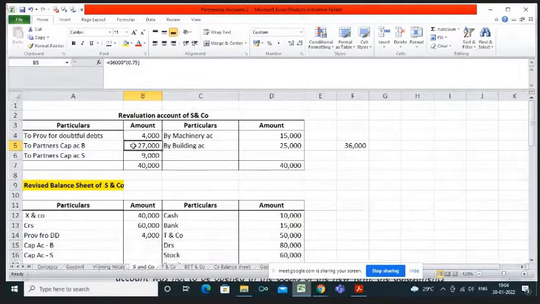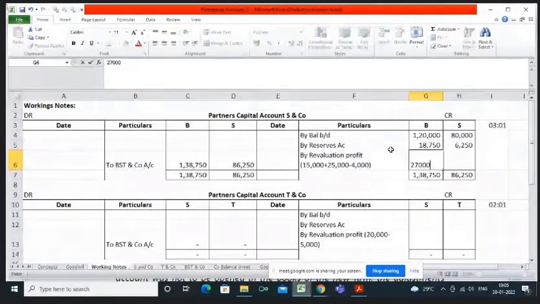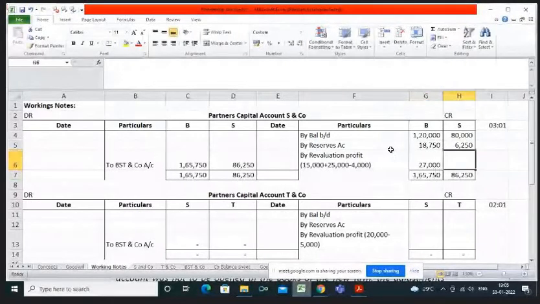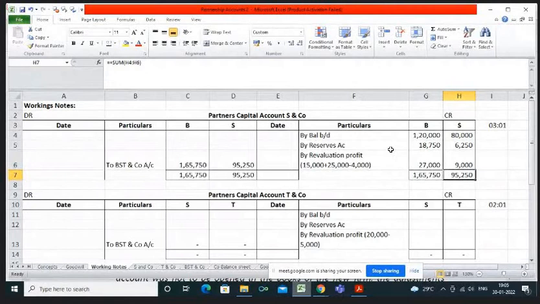Then I need to transfer the reserves. How much should I transfer? The total reserves are 25,000. It is shared by B 3/4 and S 1/4, 25,000 into 1 divided by 4, 6,250. Now another thing is revaluation profit.